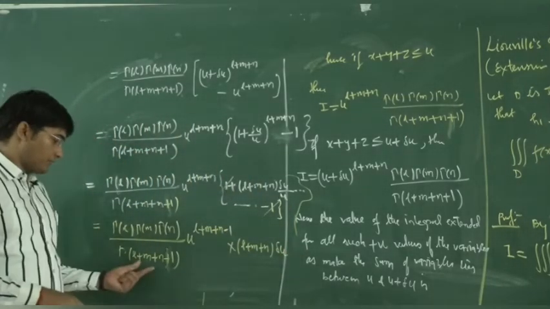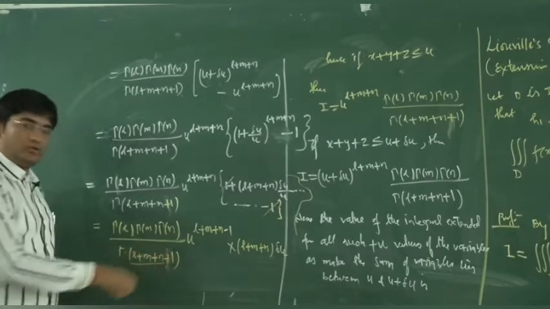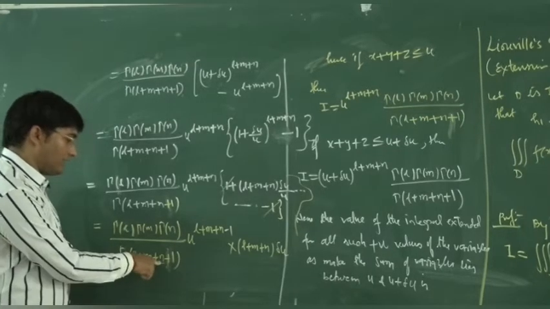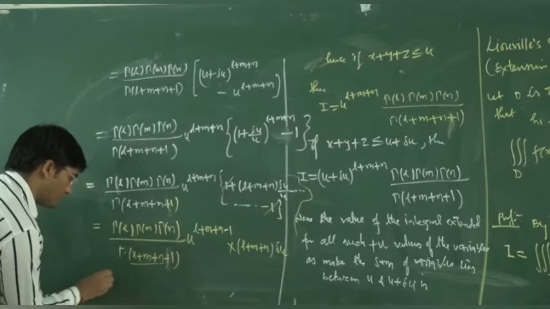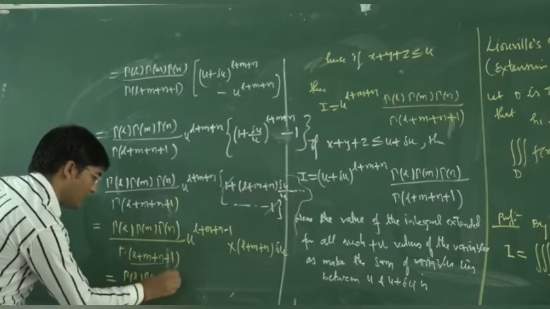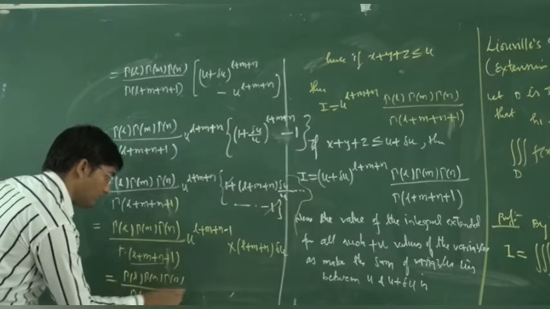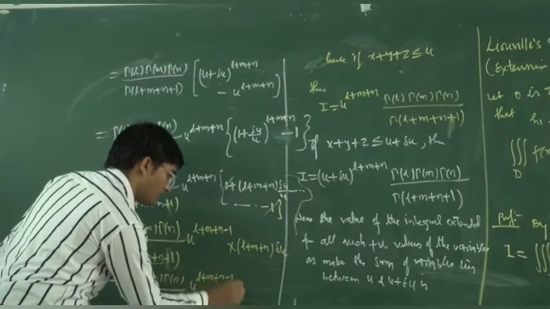Now this is gamma n plus 1, and gamma n plus 1 is n gamma n, so the L plus m plus n will get cancelled. So finally this integral is equal to gamma L, gamma m, gamma n upon gamma L plus m plus n, multiplied by u power L plus m plus n minus 1 into delta u.